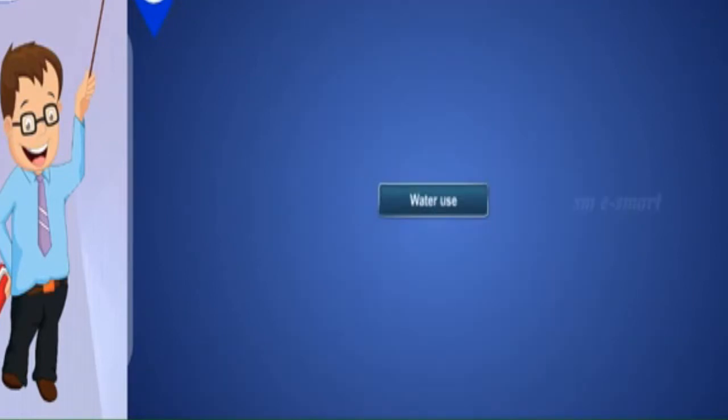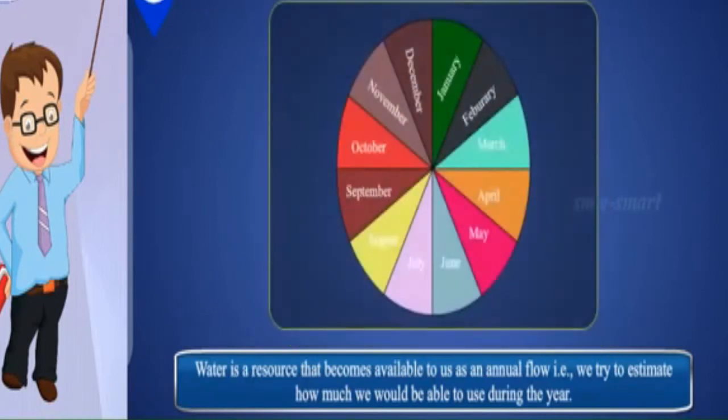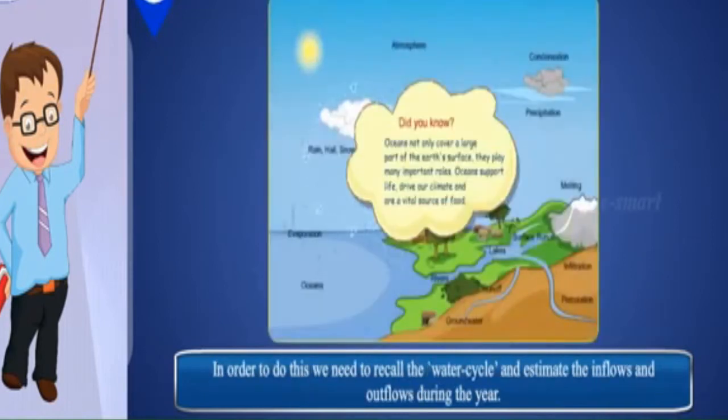Water use. Water is the resource that becomes available to us as an annual flow. That is, we try to estimate how much we would be able to use during the year. In order to do this, we need to recall the water cycle and estimate the inflows and outflows during the year.